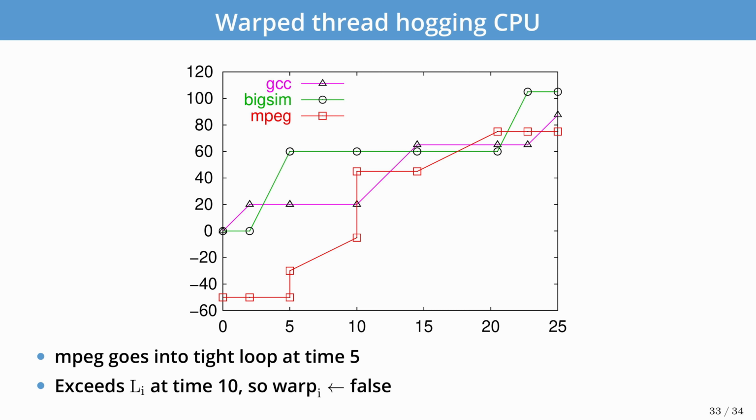And you see that vertical jump there when it's set to false. And then the MPEG will just run like any other process in the system. And this will occur until at some point in the future that this penalty will be removed based on the algorithm in the scheduler, which we won't get into. But you can see the original reference from the first slide about the BVT scheduler to see all the details.